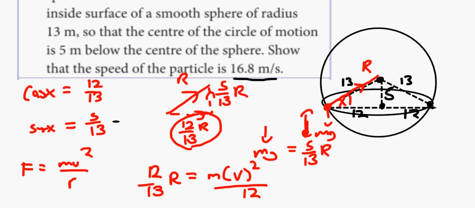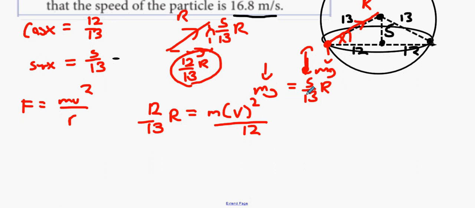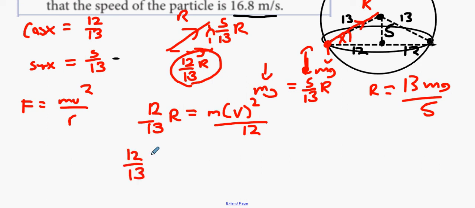Now I'm going to sub out the R. I'm going to get R on its own, and R on its own is going to be 13mg over 5. Then 12 over 13 R becomes 12 over 13 times 13mg over 5, equals mv squared over 12.